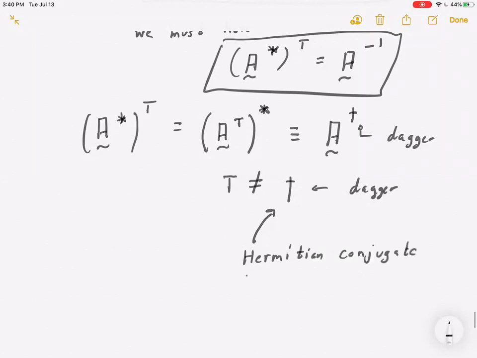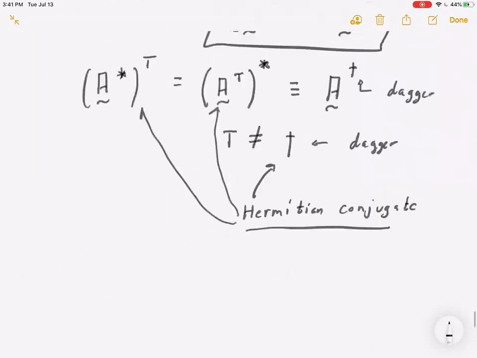So the Hermitian conjugate means you take the complex conjugate of a matrix and then you take its transpose, or you could take its transpose first and then you take its complex conjugate. So we have discovered that if you have a matrix A that satisfies this condition, that its inverse equals its Hermitian conjugate.